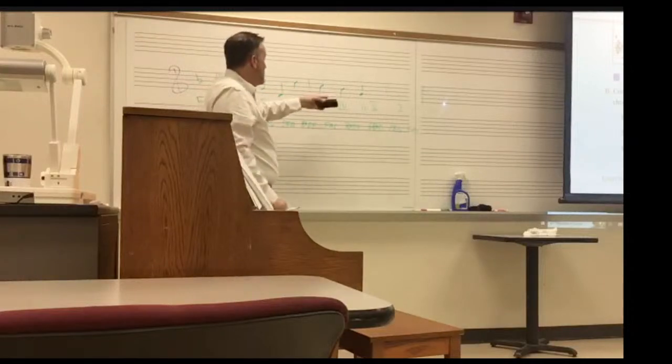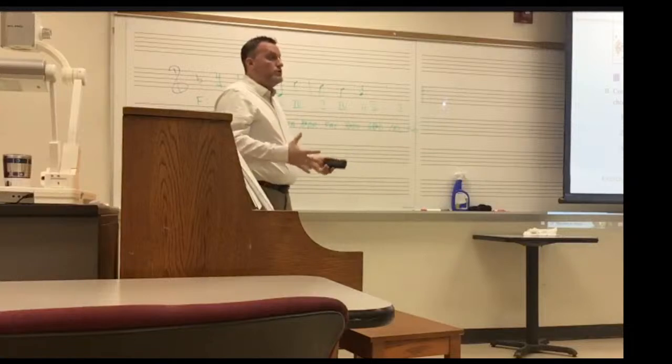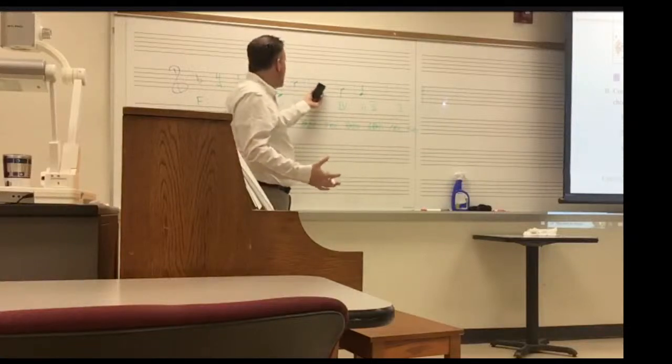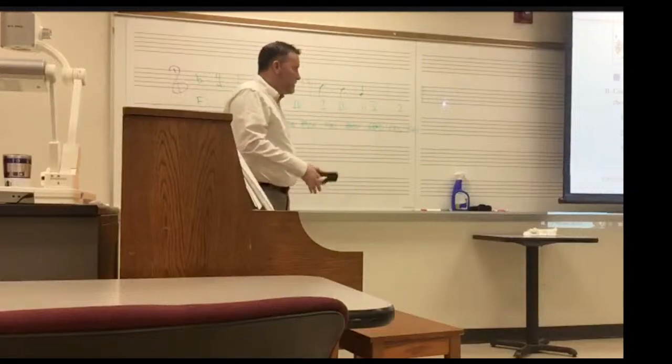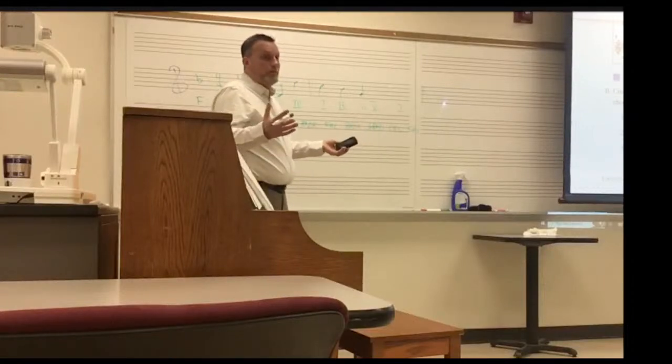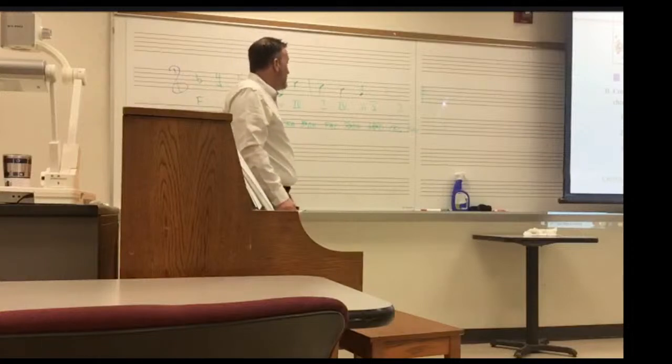Again, the majority of it needs to be conjunct stepwise motion. So as long as the majority, more than 50% of it, is conjunct, then we should be okay. Cody, going to our 5 chord, C, E, or D?